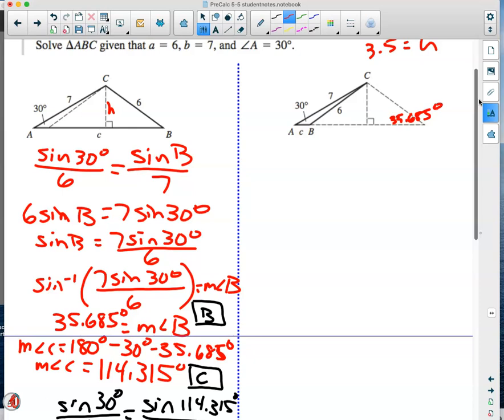Because this triangle that's formed, that's in the dashed lines right here, that's now an isosceles triangle. Remember, we had to take this side and swing it over to the other side of the base. So that means if this little angle is 35.685, so is that one.